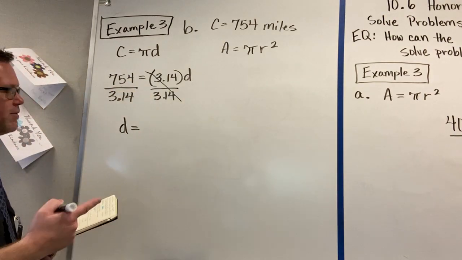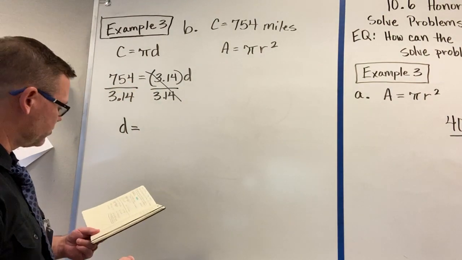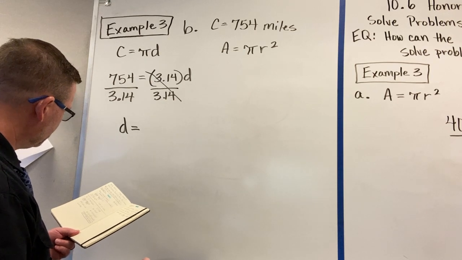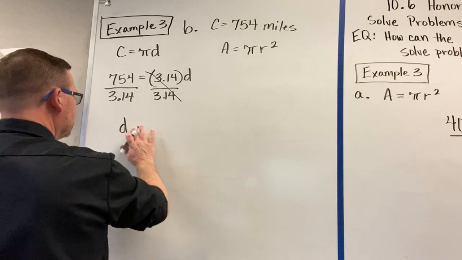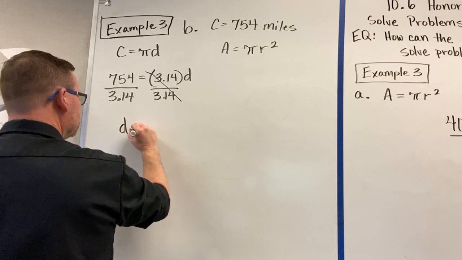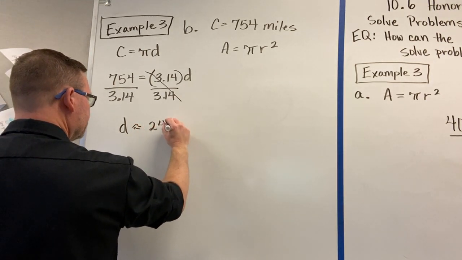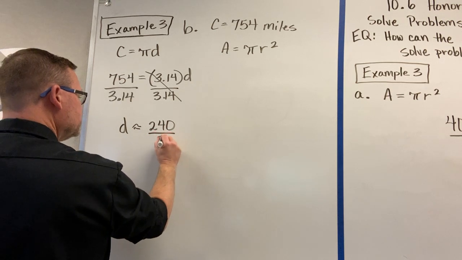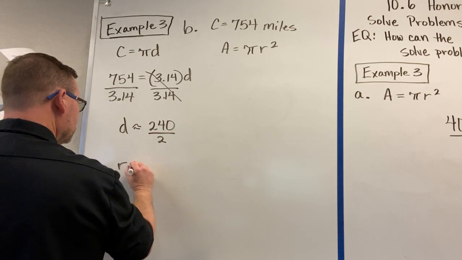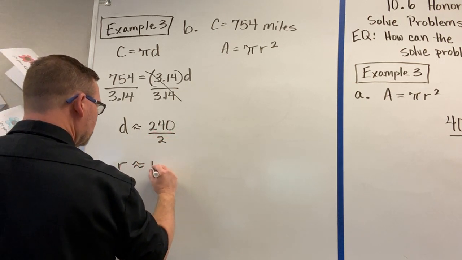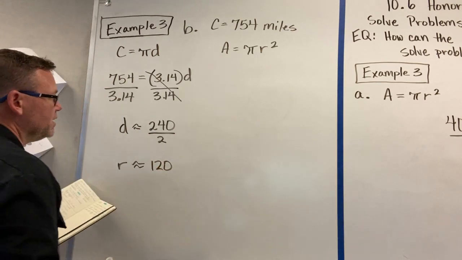So we divide 754 by 3.14, and we get approximately 240. We divide that by 2 to get the radius, which would be approximately 120.